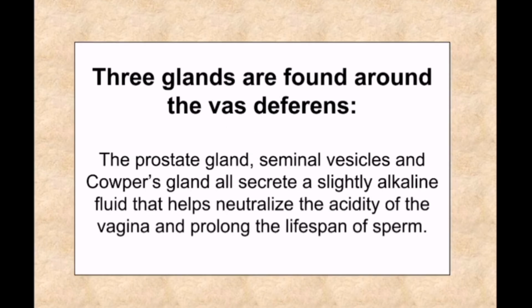But the three sets of glands that help semen form and sperm move and survive that long are called the prostate gland, the seminal vesicles, and the Cowper's gland. They will all secrete a slightly alkaline fluid that will help neutralize the acidity of the vagina and then prolong the lifespan of the sperm.